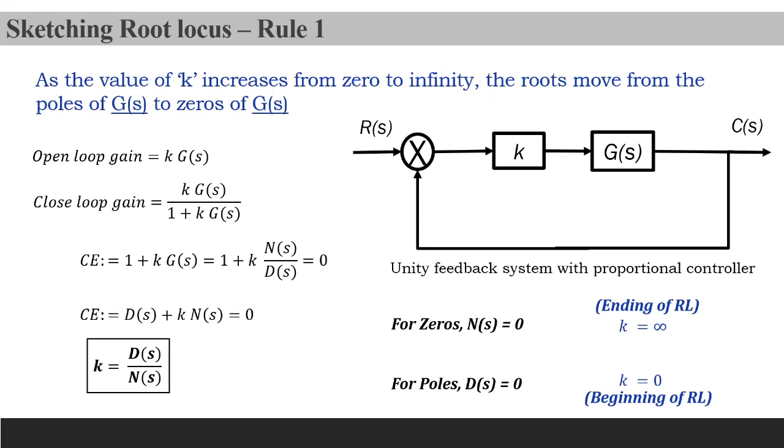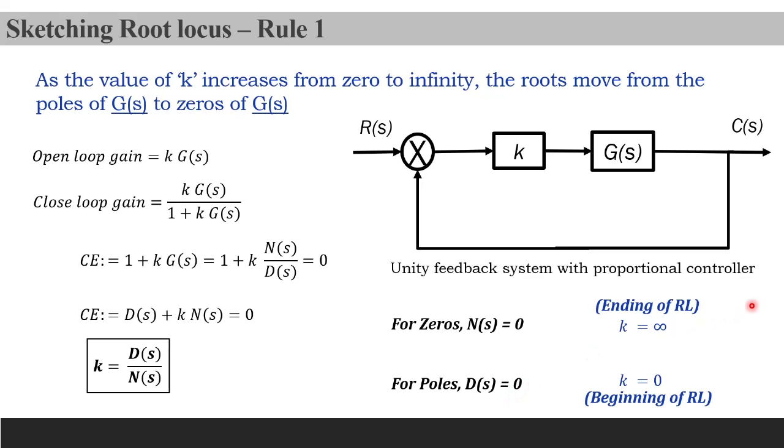You can always go back to the video and slow down the process, and you can calculate it yourself, and you can see why we have k equals infinity when N equals 0, and why we have k equals 0 when D equals 0, right?